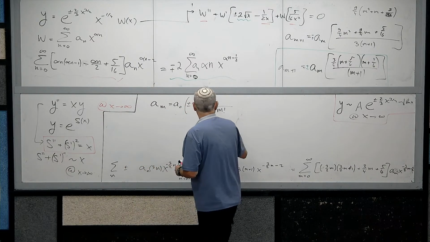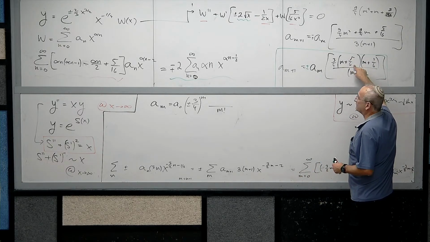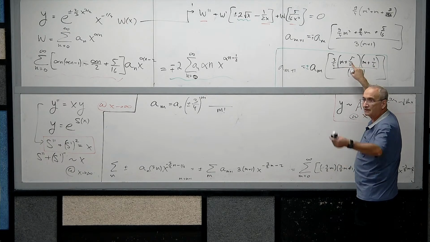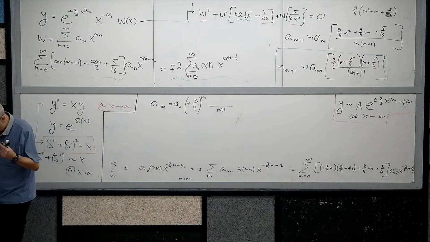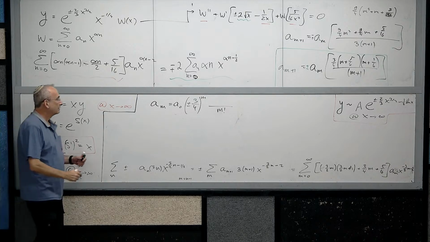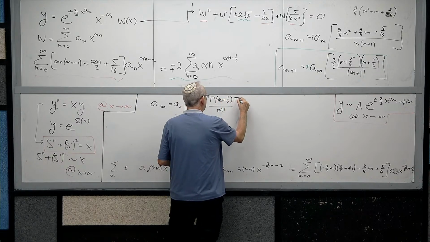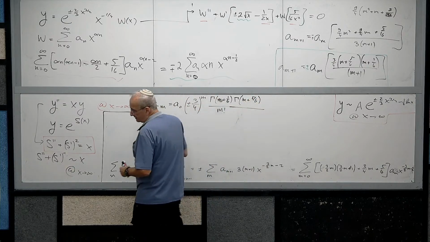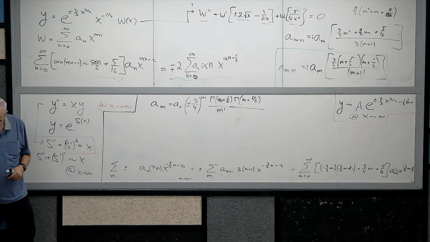And now I have m factorial here, and for A1 I have 5/6, for A2 I have 1 plus 5/6, and so on, and I can use the trick with the gamma functions to get gamma of m plus 1/6 times gamma of m plus 5/6 divided by gamma of 5/6 times gamma of 1/6.